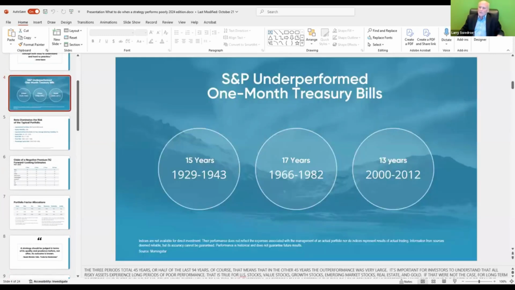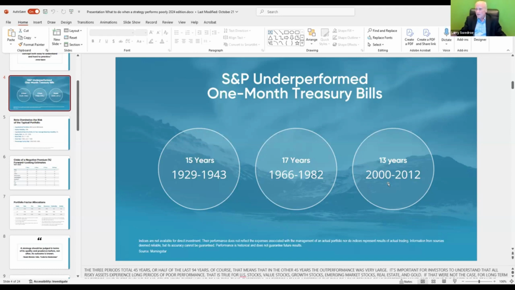So for those of you who think the US is the best place, ignoring all that I've tried to teach here, we all know everything I've told you is in valuations. The high returns we've gotten recently have pushed valuations to records. Look at these 3 periods, totaling 45 years.